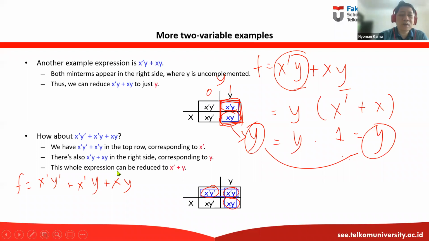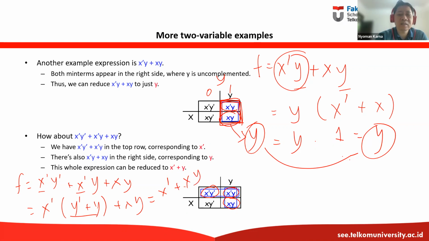Now, we can understand that, oh, we have x naught and x naught. So we can take out the x naught to become y naught plus y, plus xy. Then it will become x naught, because this one is 1, plus xy.